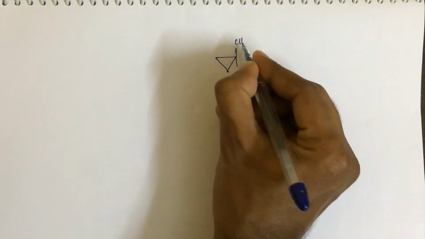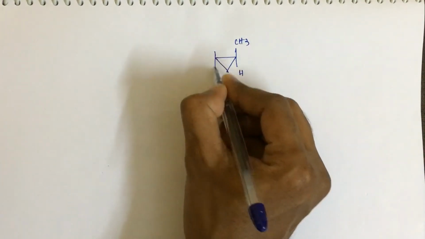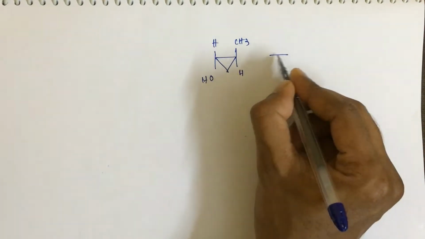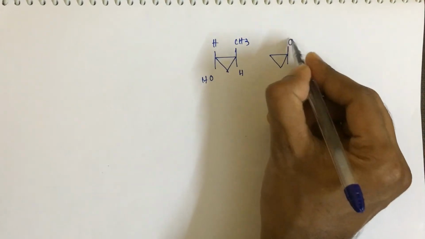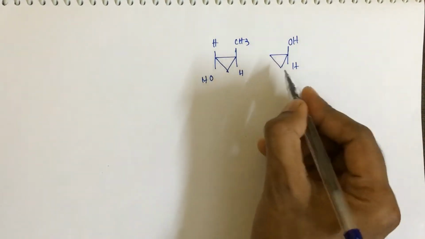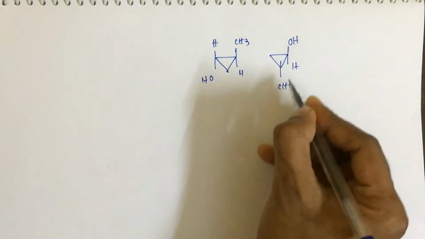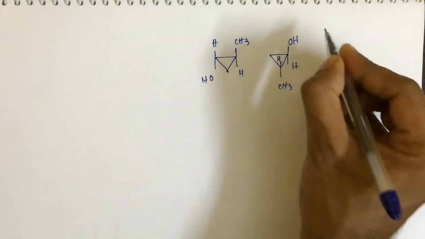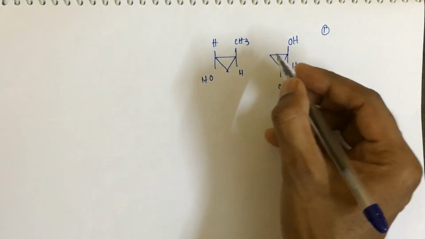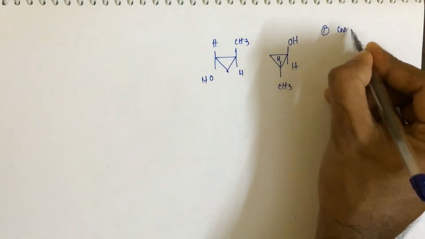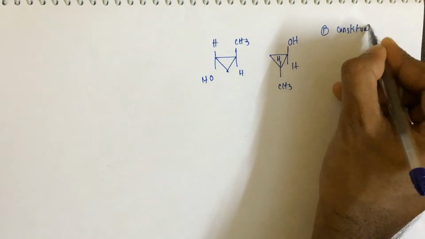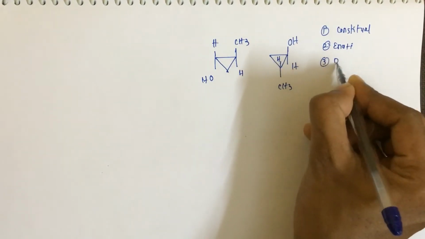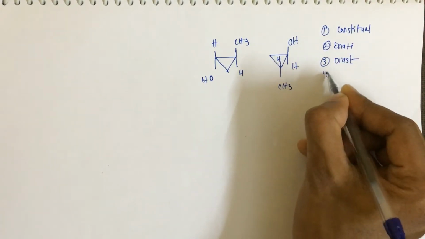Here we have methyl and hydrogen and OH, and in another structure OH, hydrogen, methyl and hydrogen. And the question is, the molecules among the following belong to which: constitutional isomers, enantiomers, diastereomers, or identical.